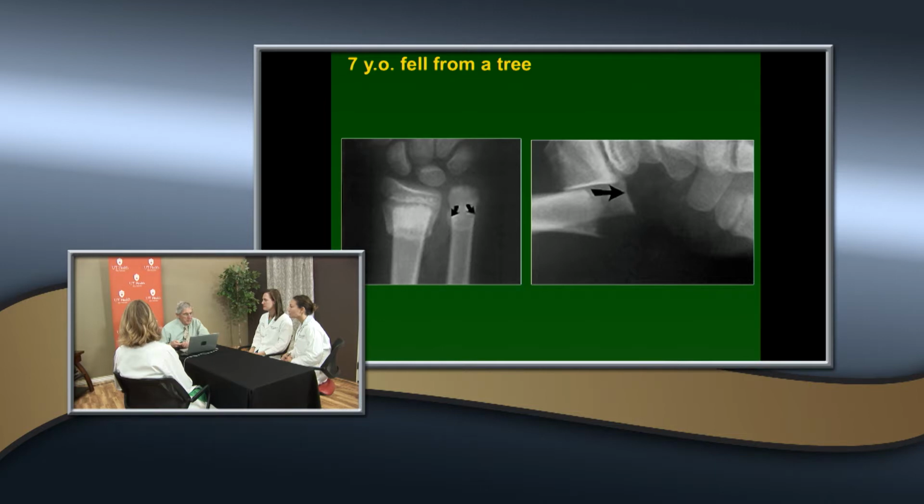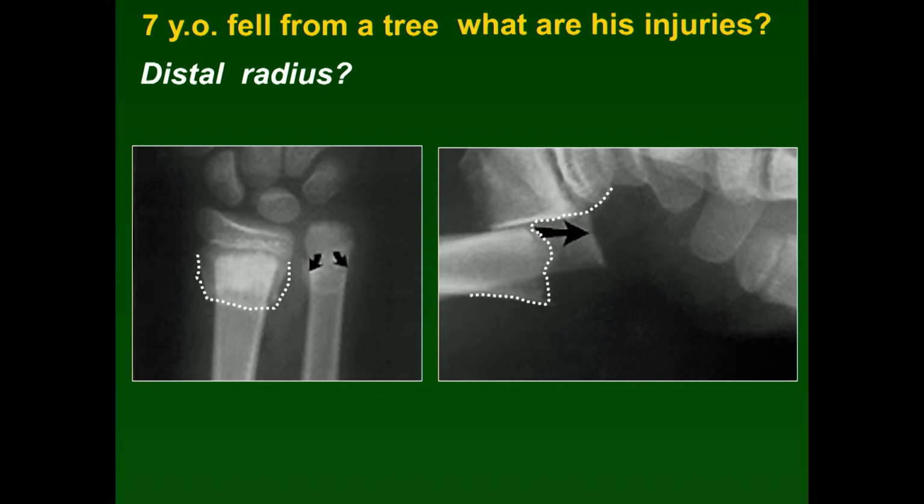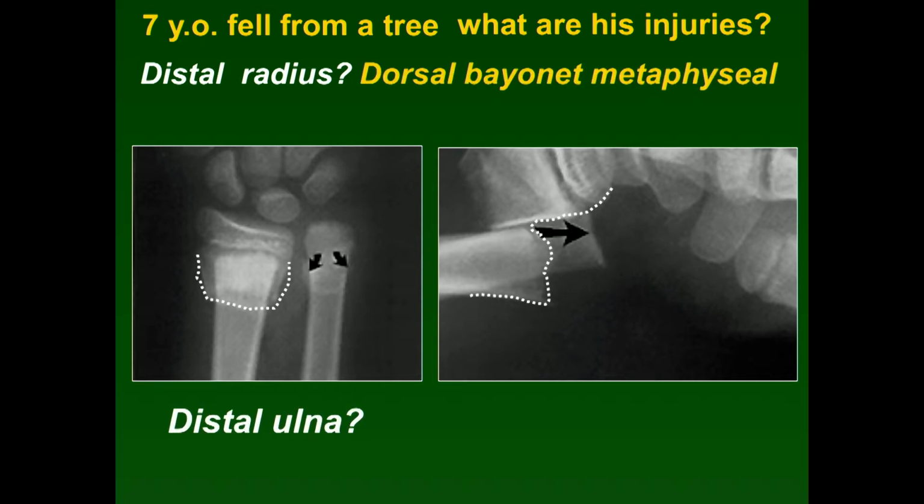Metaphyseal. What's the other injury? A metaphyseal distal ulnar fracture. Well, maybe a little bit farther distal. The distal radius is in bayonet apposition dorsally. And the distal ulna, though, is probably a type 1 physeal injury, which is very rare.